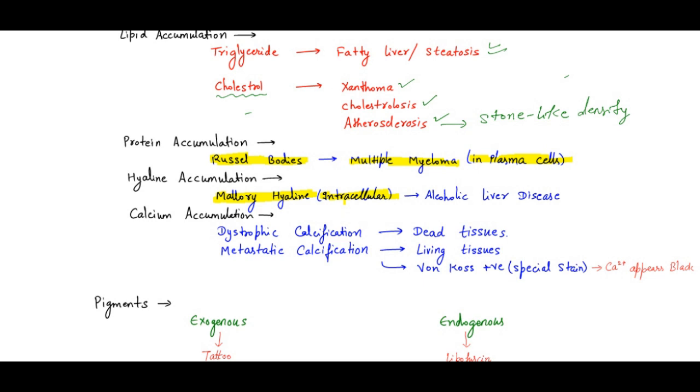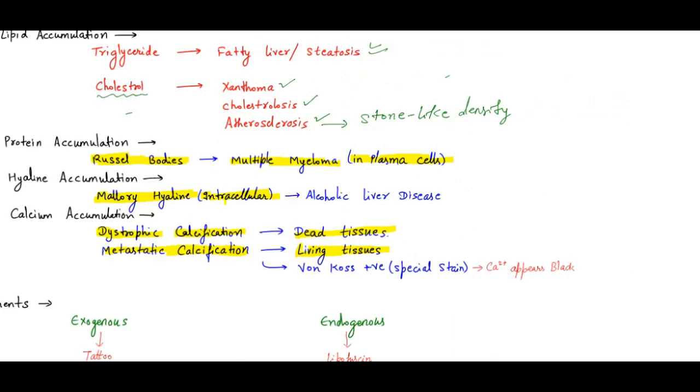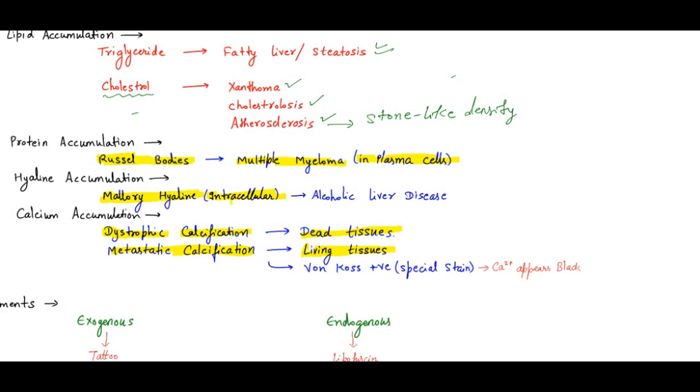Calcium accumulation, we have two types. D means dead: dystrophic calcification and metastatic calcification. Dystrophic calcification is seen in dead tissue and metastatic calcification is seen in living tissue. Remember, for metastatic calcification, the von Kossa reaction will be positive.